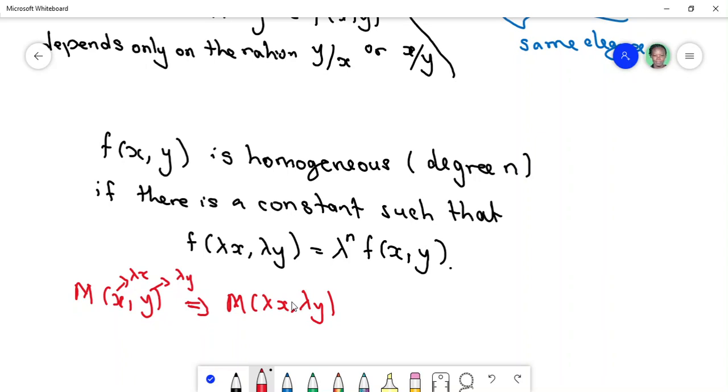If I'm able to write this in the form of lambda to a certain degree n, where I still have my function M of x, y, then the same thing for my N of x, y as well, then I can say that these two functions are homogeneous. And if these two functions are homogeneous, then the differential equation I'm looking at is also homogeneous.